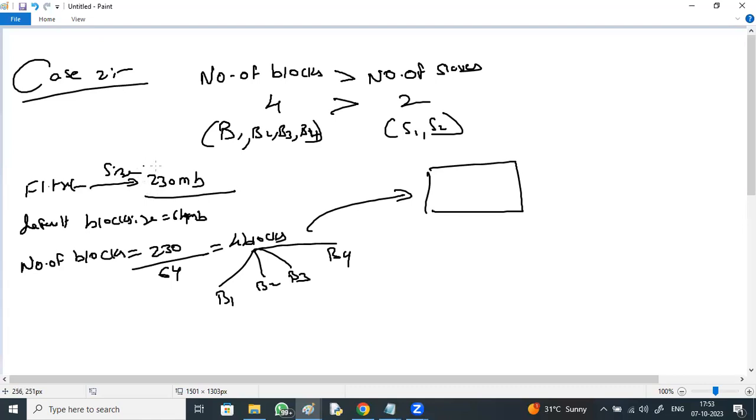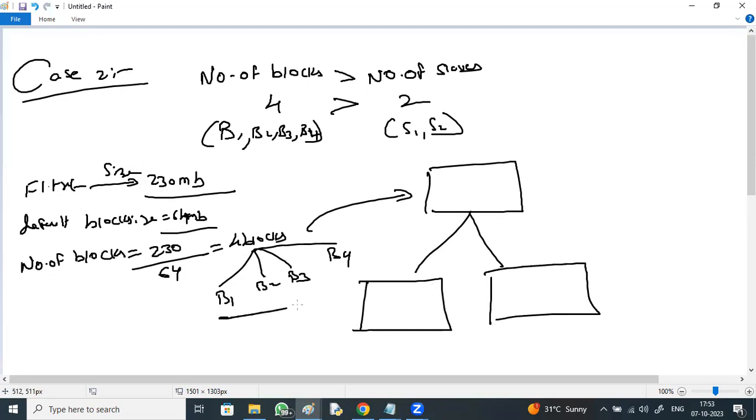Into how many blocks is it divided? 230 by 64, so 4 blocks: B1, B2, B3, B4. How many slaves are here? Assume that you got only 2 slaves. How are these 4 blocks stored across 2 slaves?